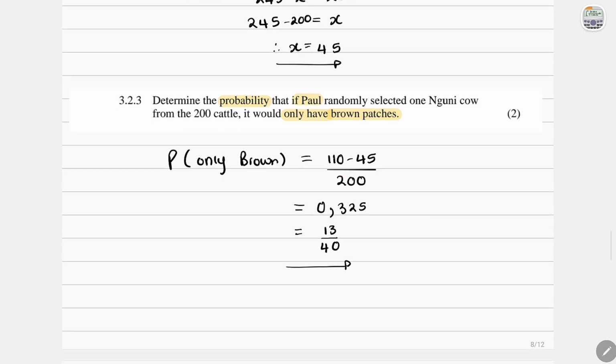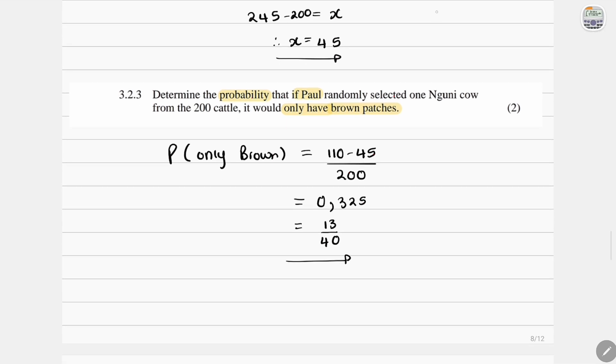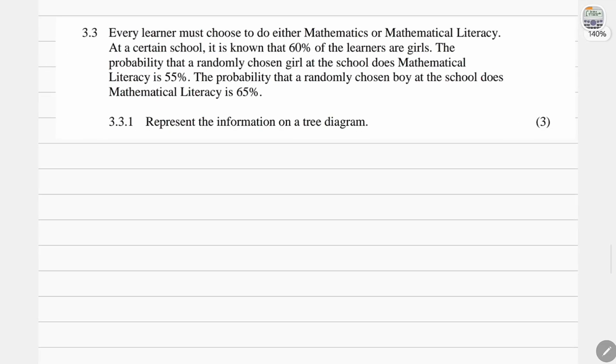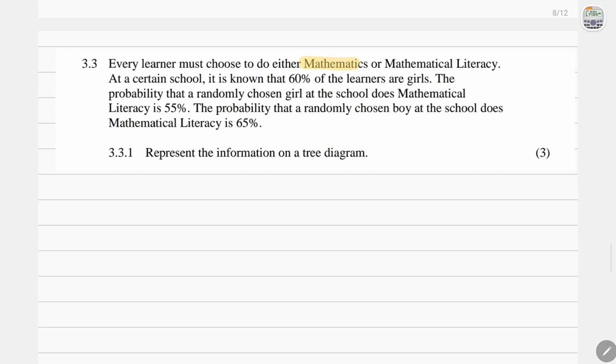Okay, moving on to the next question. Question 3.3 says, a learner must choose to do either mathematics or mathematical literacy. At a certain school, it is known that 60% of the learners are girls. The probability that a randomly chosen girl at the school does mathematical literacy is 55%.